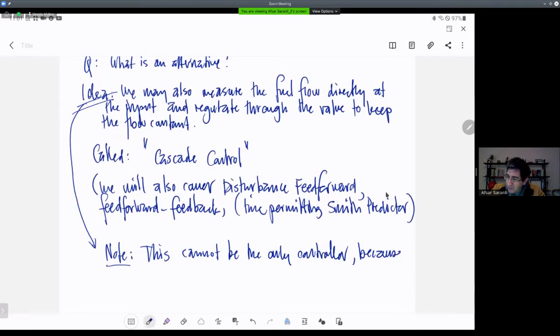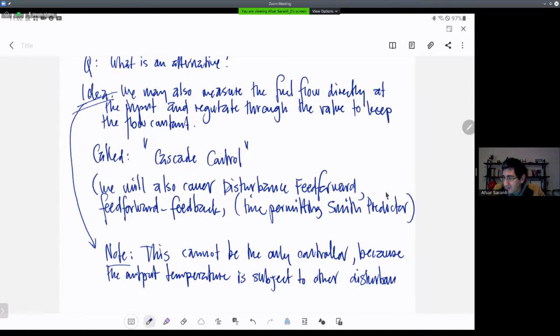Because the output temperature is subject to other disturbances and variations in the plant, our inability to have an exact model of the plant and so on.